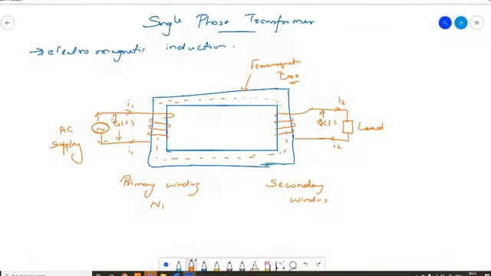So here we are connecting this to a source, whereas here we are connecting it to the load. The primary end is usually connected to the source, which will have a particular voltage, and that voltage is either stepped up or stepped down for a particular application or to supply a particular load. Okay, so that is the purpose of this transformer.